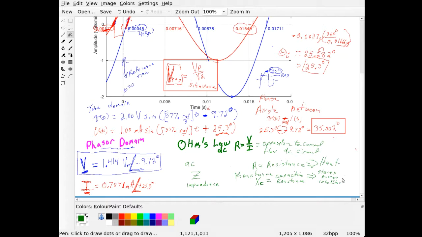Because remember, we simply charge those things up. So we didn't lose energy, but we converted that energy. We converted that moving energy, that kinetic energy. If you have had physics class, they talk about kinetic energy.